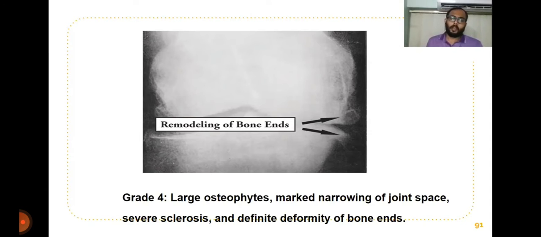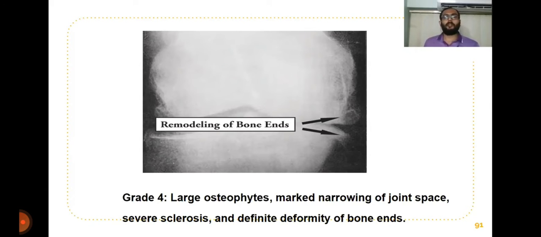So, if a patient comes to you with grade 4 osteoarthritis, and that patient went to an orthopedician and they advised TKR, and if the patient needs more walking, more weight bearing, in such conditions our prognosis is not much good. If the patient demands our treatment with very less walking, in grade 4 we can take up that case, but our prognosis is not much good.